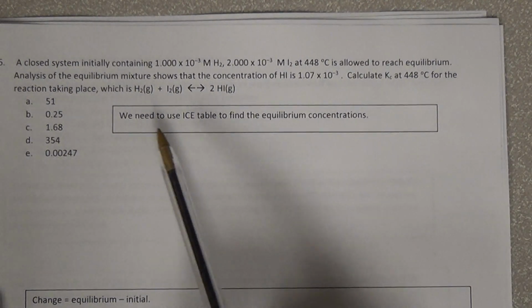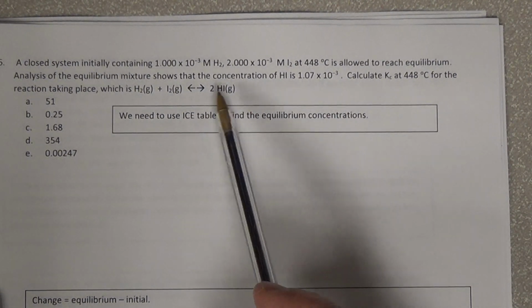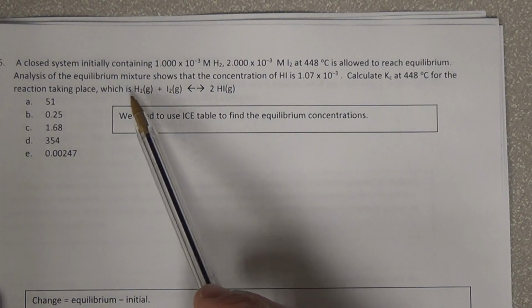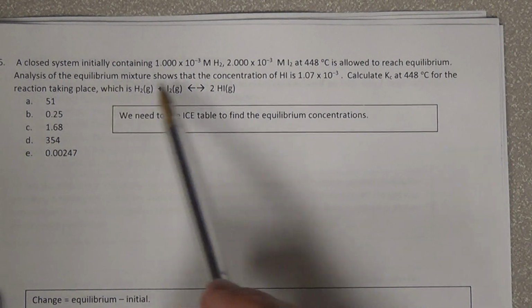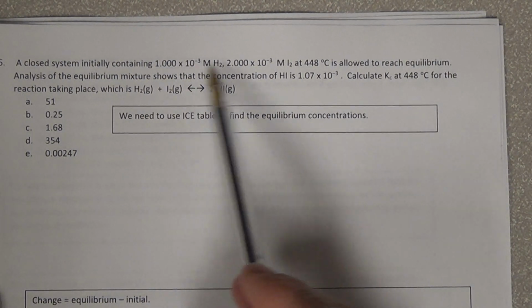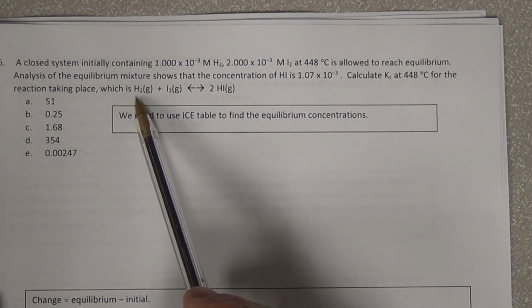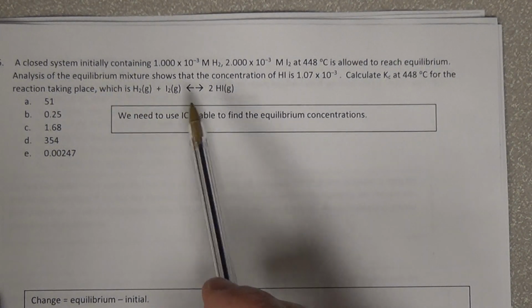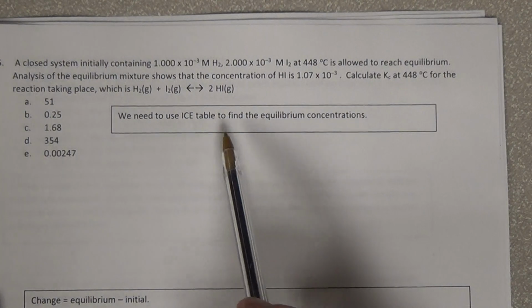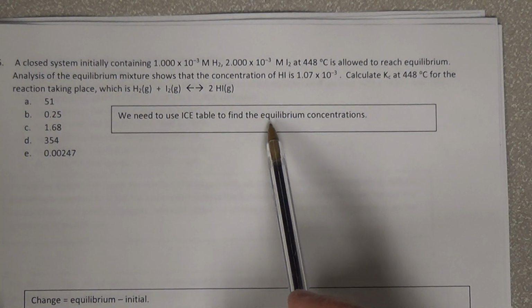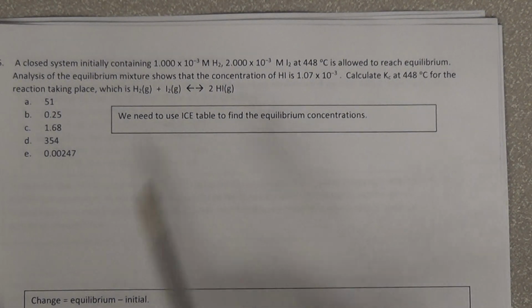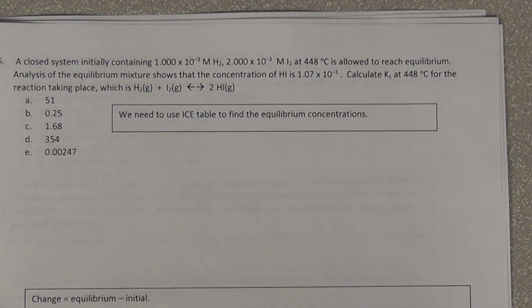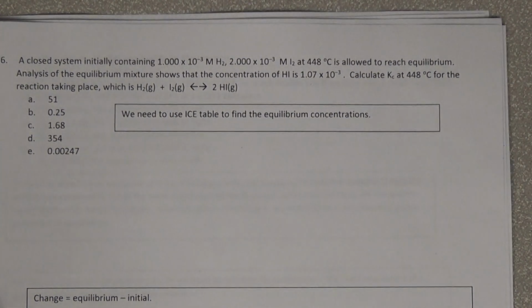For this kind of problem, we are not given all the concentrations at equilibrium. We only have one concentration at equilibrium for this substance, and those two concentrations are the initial ones. So we have to use an ICE table to find all the equilibrium concentrations. And to do that, you just use the equation as a guideline.